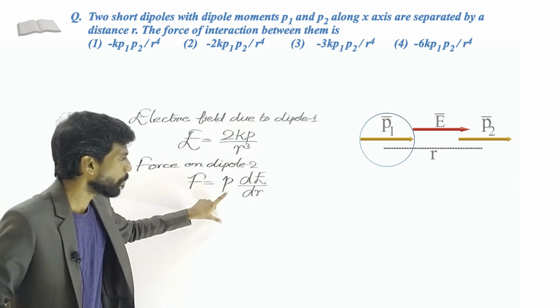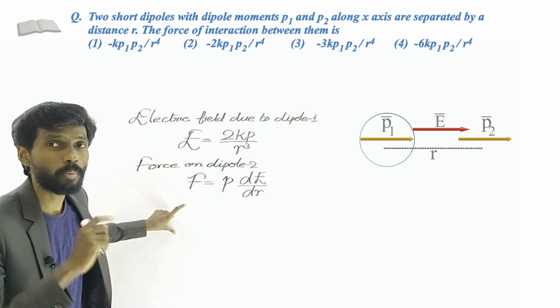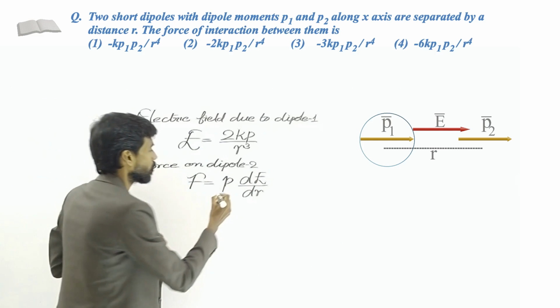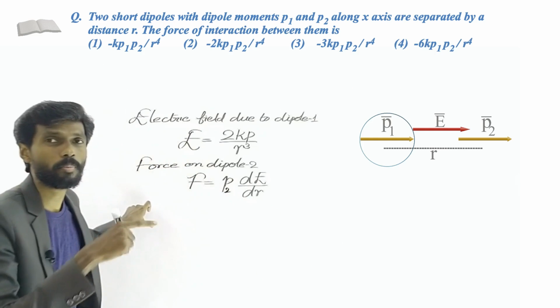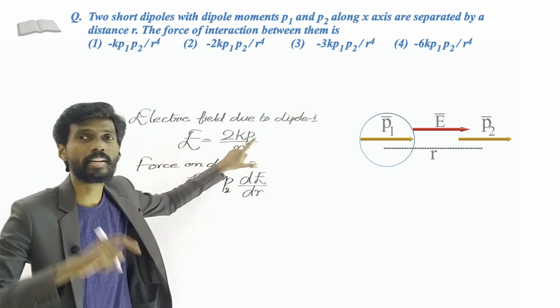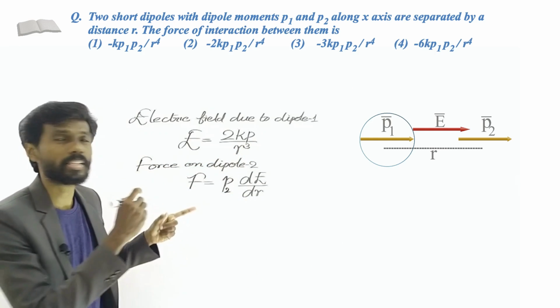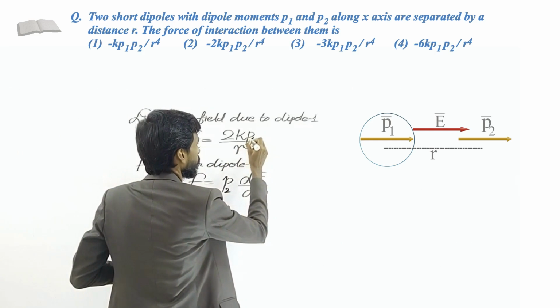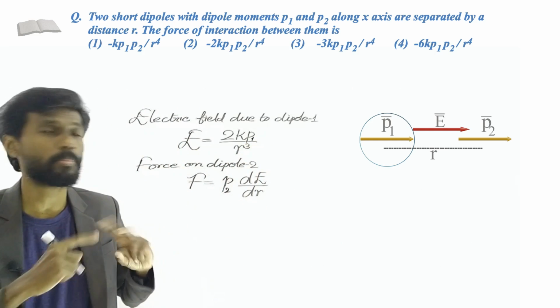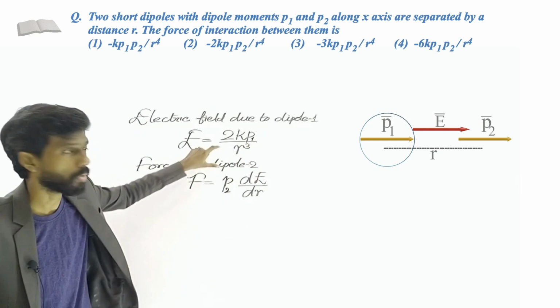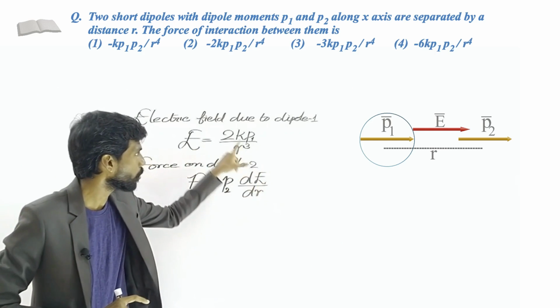But here this P is the dipole moment of the second dipole, so that is taken as P2. The P in the field is the dipole moment of the first dipole, taken as P1. So these two have two different dipole moments. Now this E you have to substitute here.